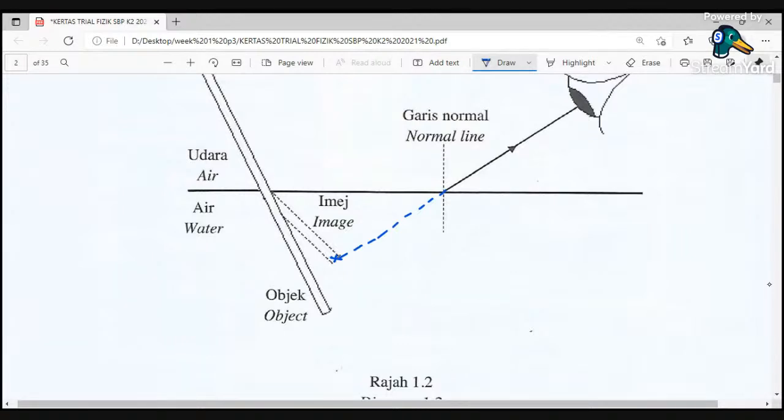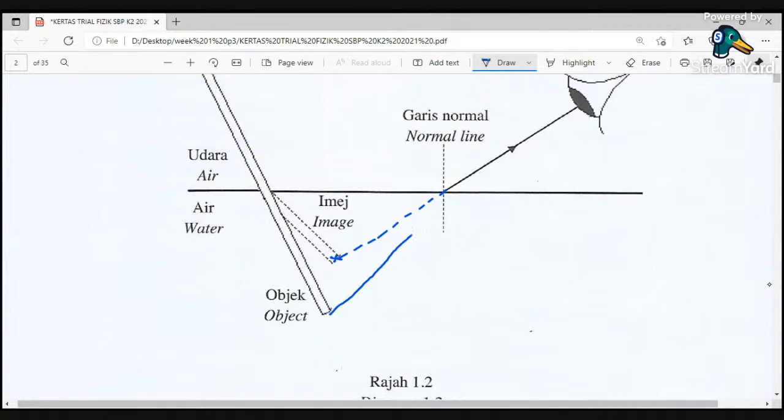When light travels from air to water, the light ray bends. Why can the eye see the image? Because the light ray from the object gets into the observer's eye. So you can draw from the object.